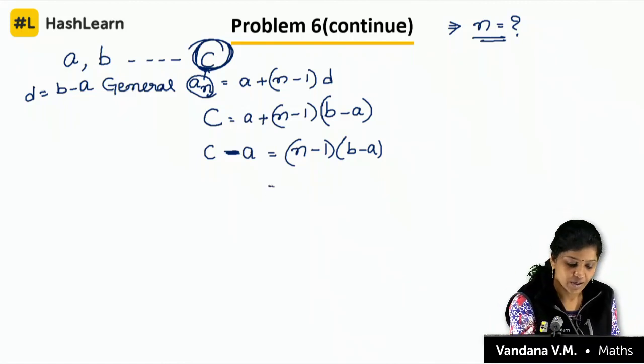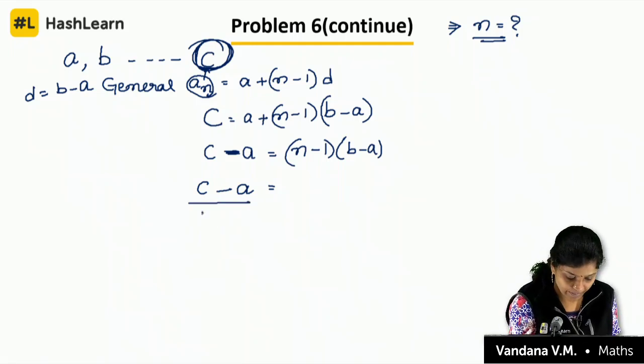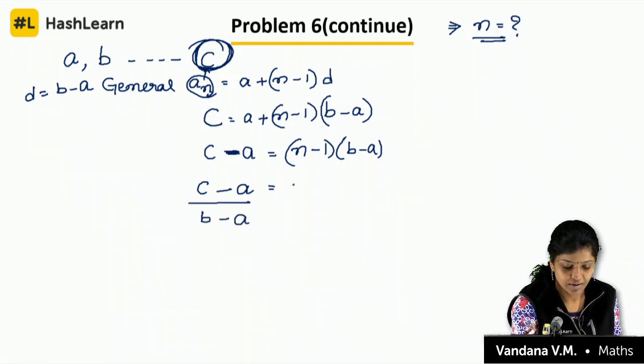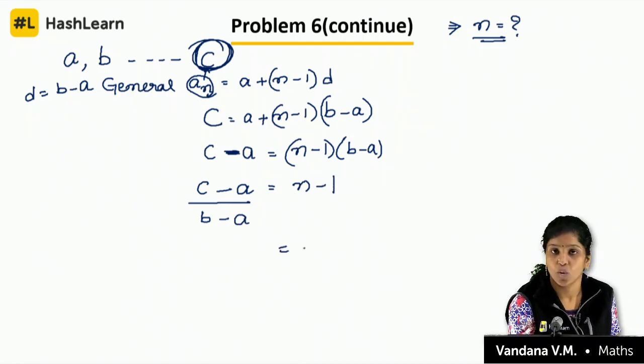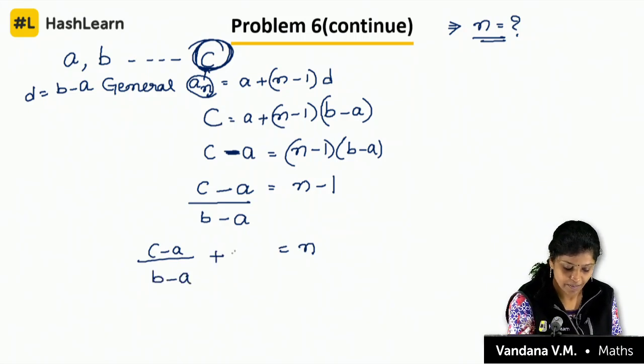Keep it in your mind. So C minus A divided by B minus A is n minus 1. I want only n, so it comes to the other side: C minus A by B minus A plus 1.